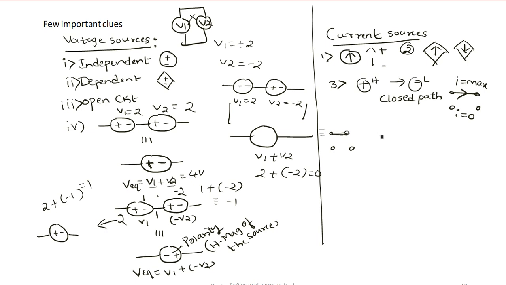Similarly here, if you consider the current source, the first condition is you can't have two current sources connected in series, because we know in a single branch the same current will flow. Again the same condition: until and unless these values are the same, only then can we connect, otherwise it is not allowed. So the condition is always we need to have current sources in parallel.